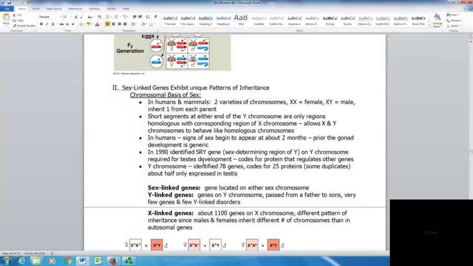So although these chromosomes will somewhat behave like homologous chromosomes, there's only certain regions that would actually correspond. You have short segments on either end of the Y chromosome that are homologous with the corresponding regions of the X chromosome. So they'll behave like a homologous chromosome without being duplicate copies of all the genes.